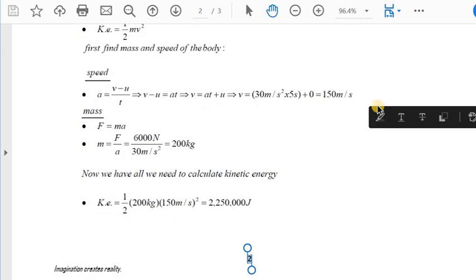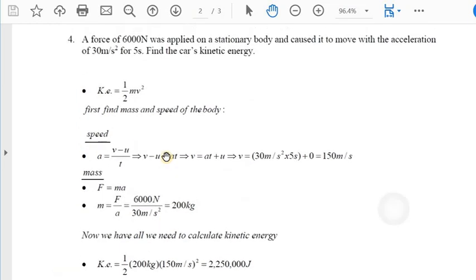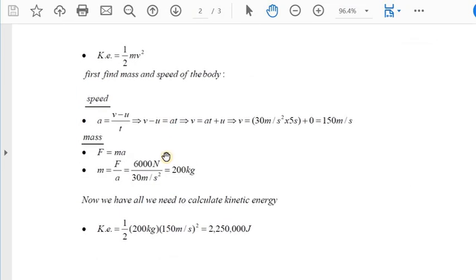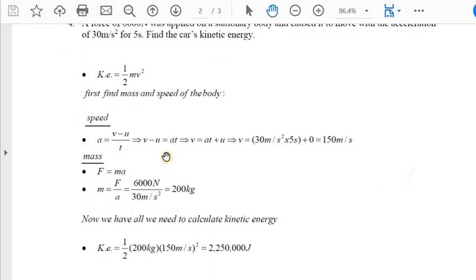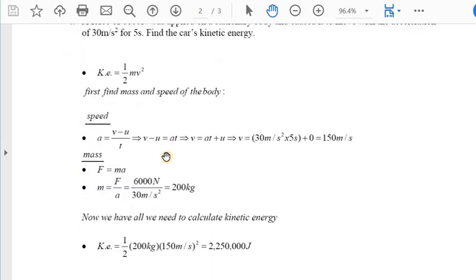I'm not doing this one for you, that's why I already did it. I already did the calculation for you. So first and foremost, we have acceleration, and we want to change that acceleration so that we can find it instead as a velocity.